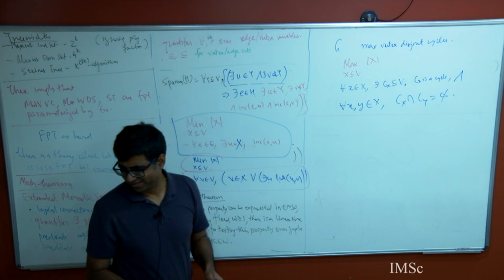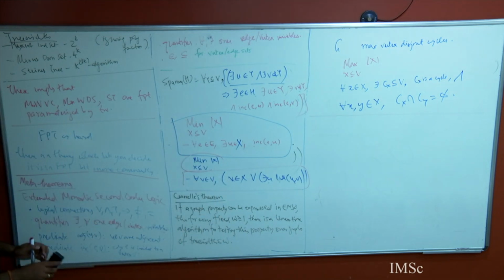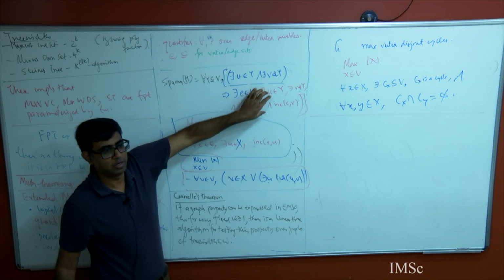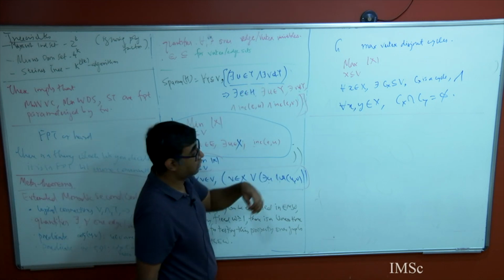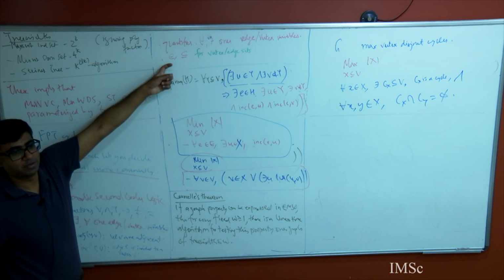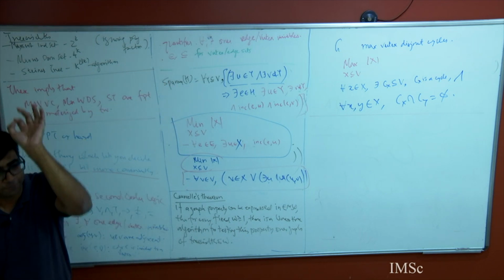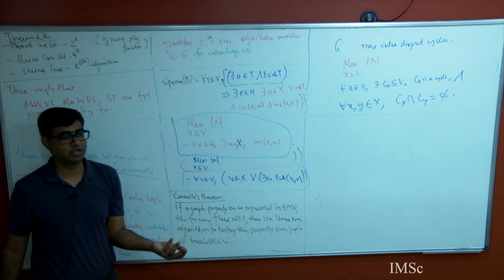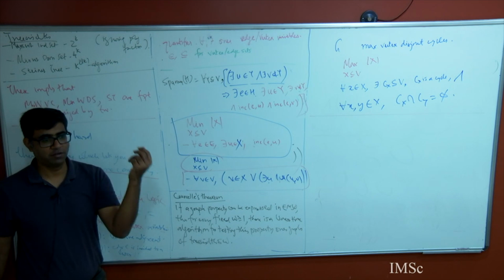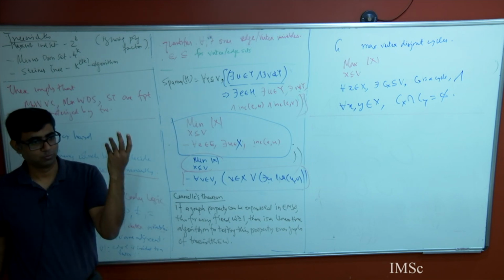Language is what you are able to write the properties in. Counting monadic second-order logic is different, where I just have a counting predicate. I can count sets modulo some fixed p. So if I wanted to count all sets modulo 2.